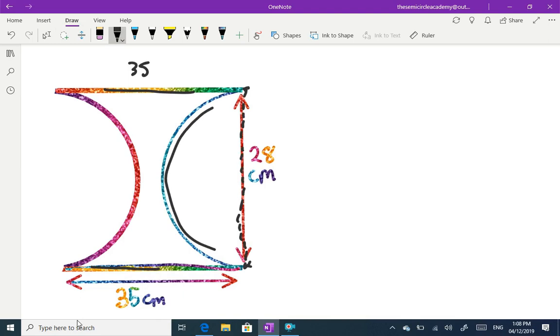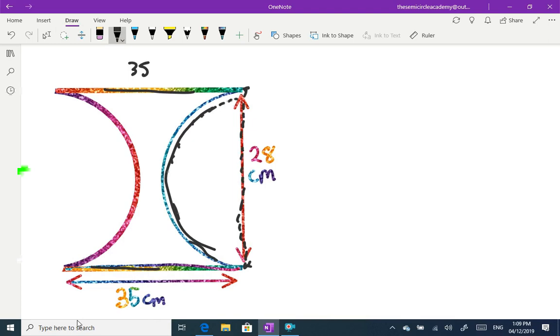So this is a kind of semicircle thing here, and they want us to find the perimeter of this shape. I would have to find this distance here, using my circumference formula, 2 pi r. I don't have to cut it in half, because I have half of a circle on this side, and another half of a circle on this side. So when I find the circumference of a full circle, that is basically the distance of this plus the distance of this.